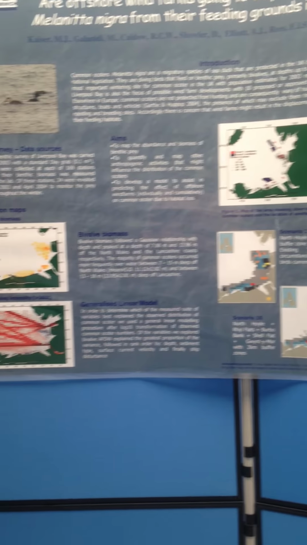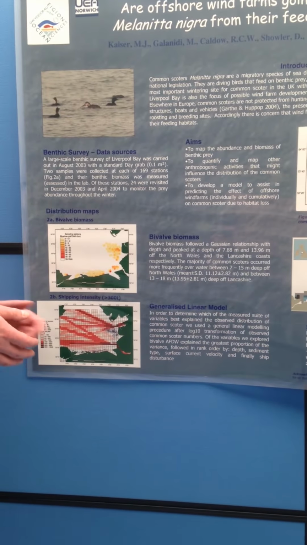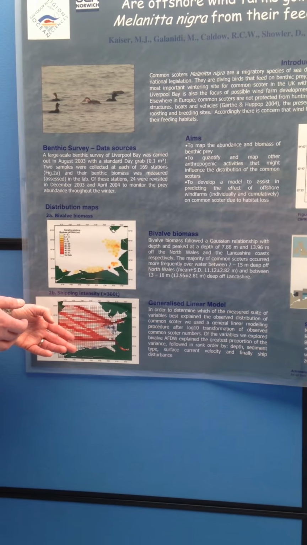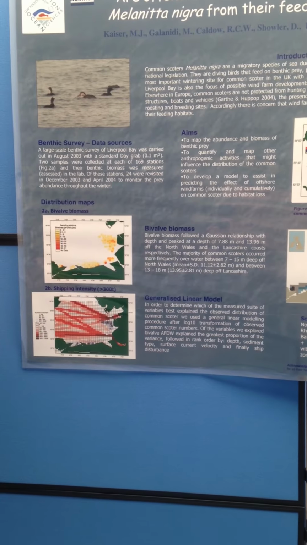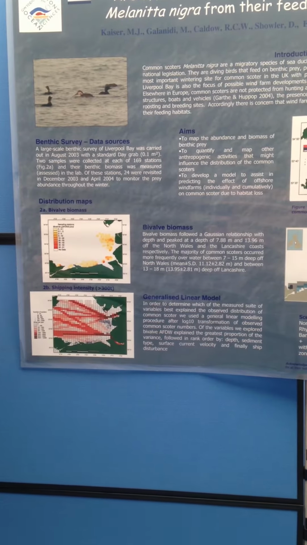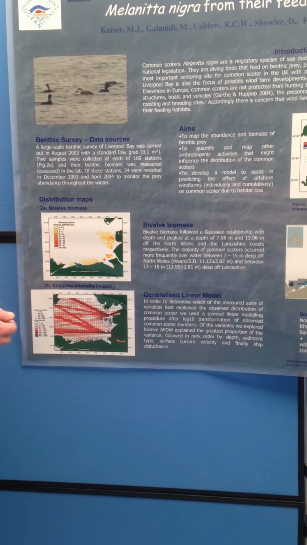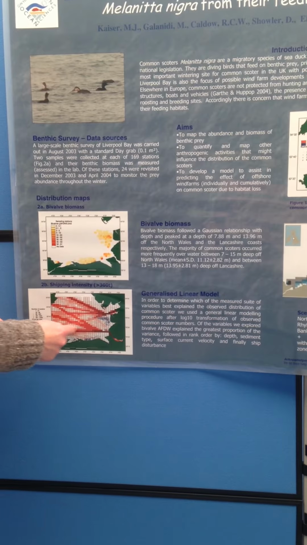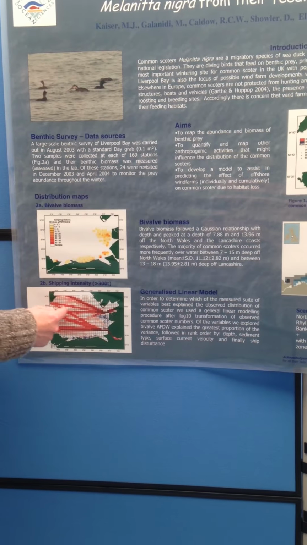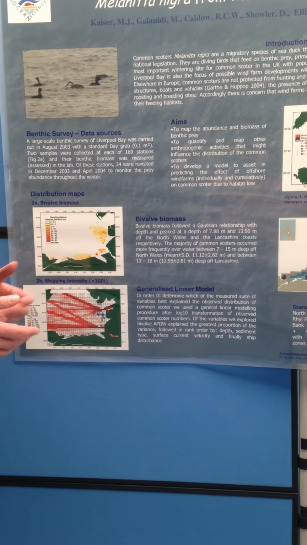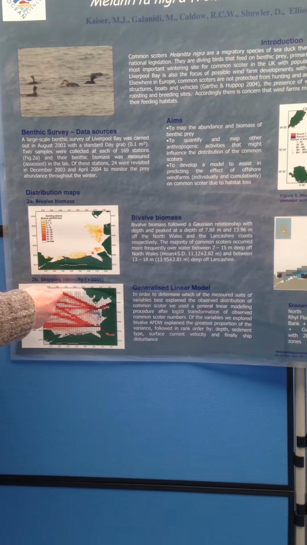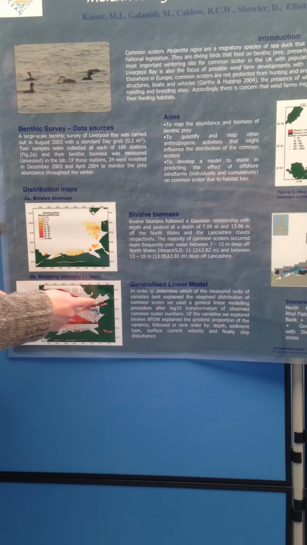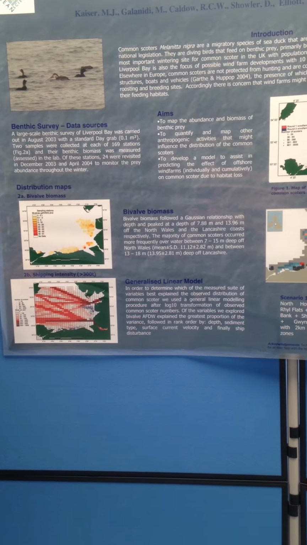Well, we looked for other explanatory variables, such as the occurrence of boat traffic in the area. So this map down here shows you the map distribution of concentrated boat shipping activity. And you see, not surprisingly, that there are 3 main lines of shipping activity coming into the River Mersey, which of course is a major navigation channel. And we see quite a lot of boat traffic from Heysham across to the Isle of Man and Belfast.